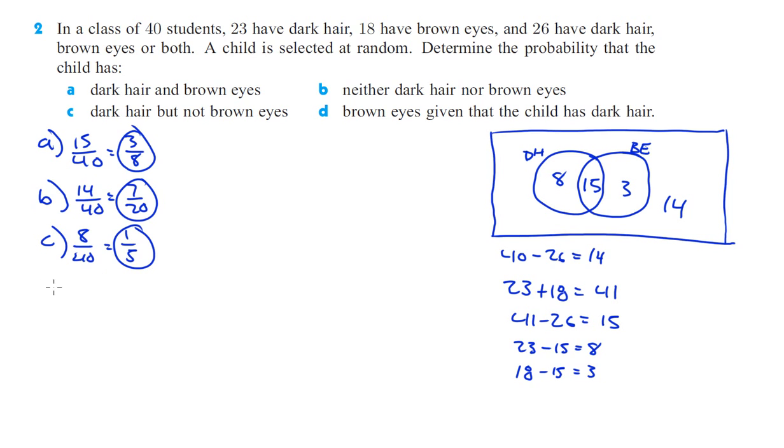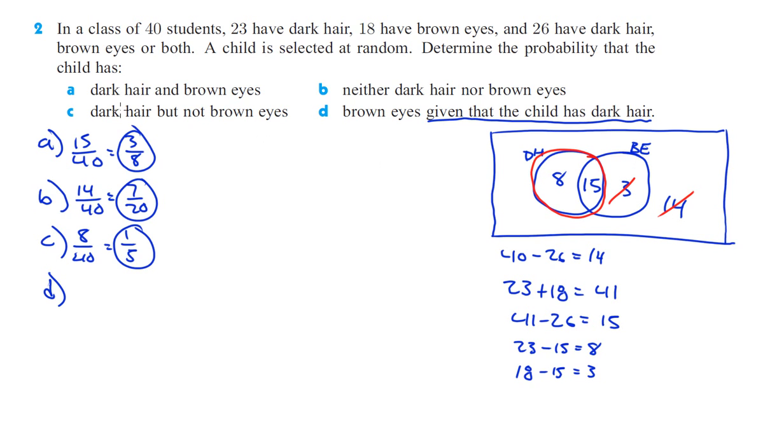And then D, have brown eyes given that the child has dark hair. Given that the child has dark hair, that means we are now only looking at the dark-haired people. We're not concerned with those that have just brown eyes, or have neither.